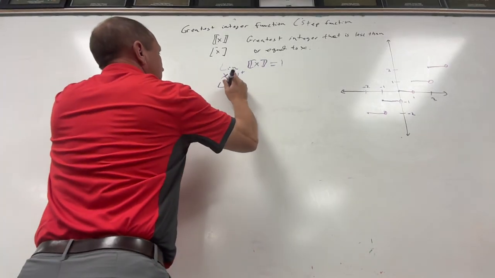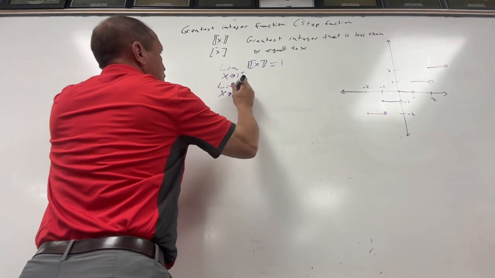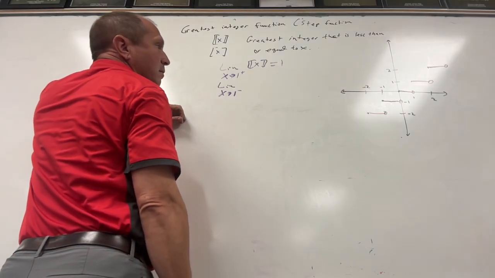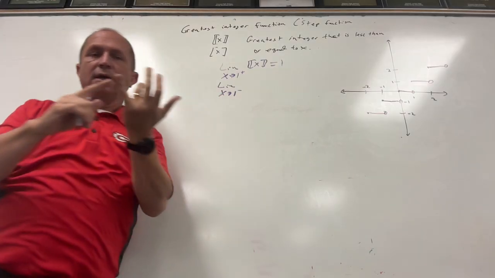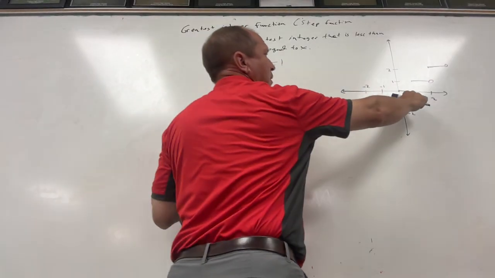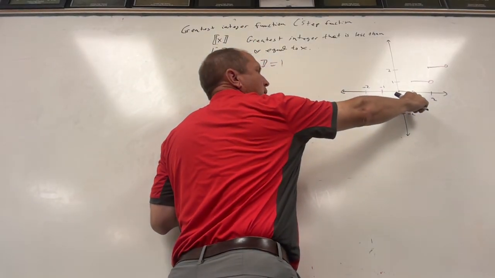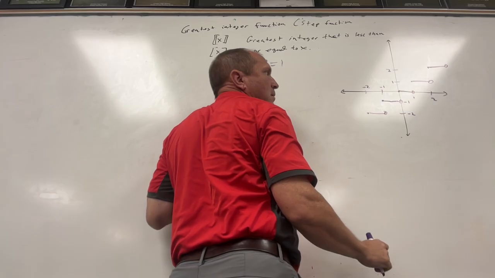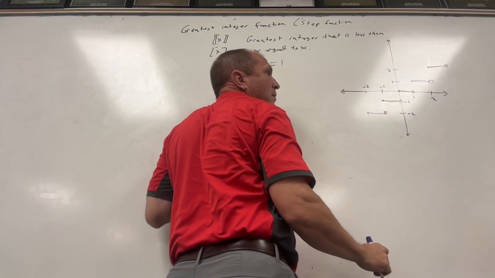What is the limit as x approaches 1 from the left? I'm talking about numbers like 0.9, 0.99, 0.999. What are all those values? 0. So as I approach 1 coming in from the left, I'm right here. So my limit is 0 or 1? 0.